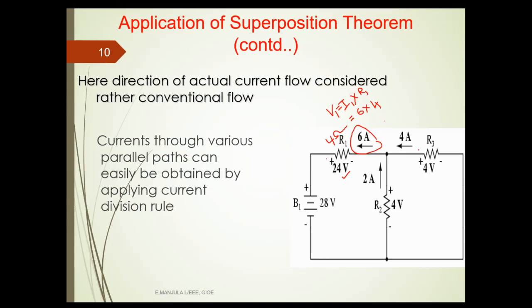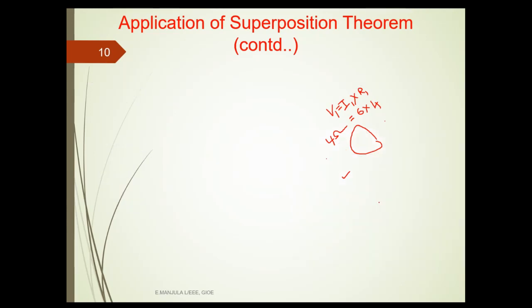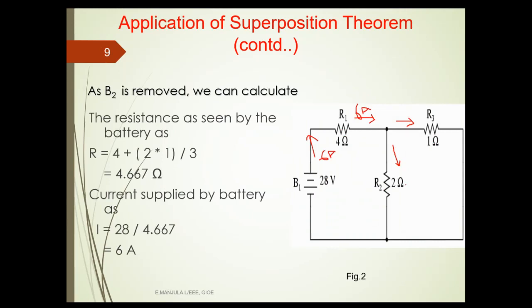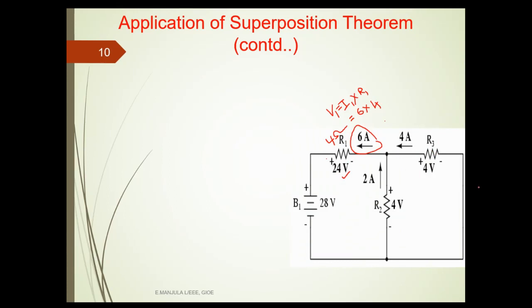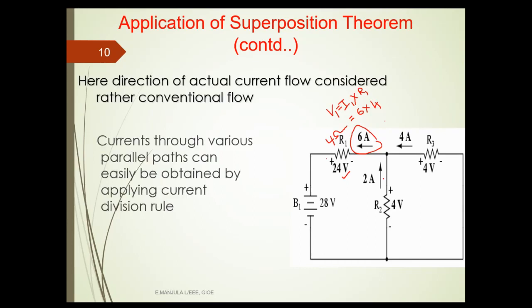Here the resistance R2 is 2 ohms and the resistance R3 is 1 ohm. We have to find the current flowing through this part and the current flowing through this part.